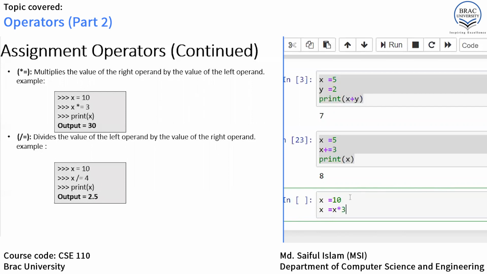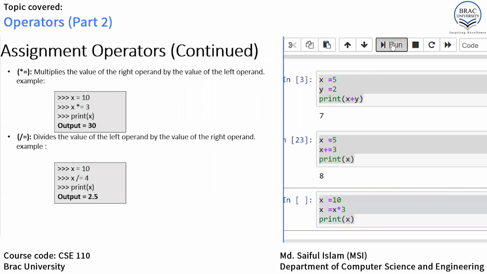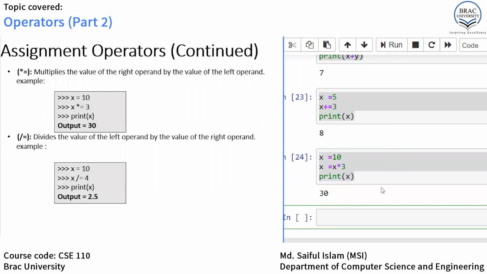Here the value of x is 10, and 10 is multiplied by 3, which is 30. So print x, run it, and we can see the value is 30 now, which has been stored in x.